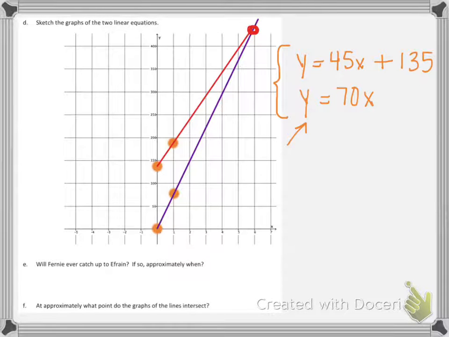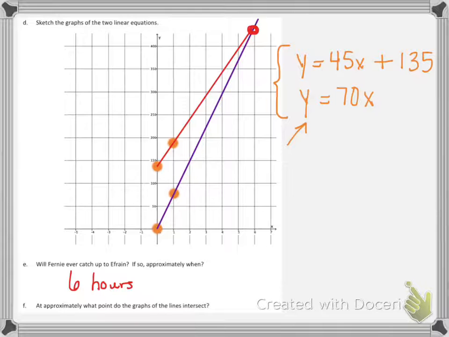So that's after about 6 hours. After about 6 hours, Fernie will catch up. So we're going to say 6 hours later. According to the graph, it's an estimation, but pretty close to that. Or a total of, I don't know, around 450 miles.